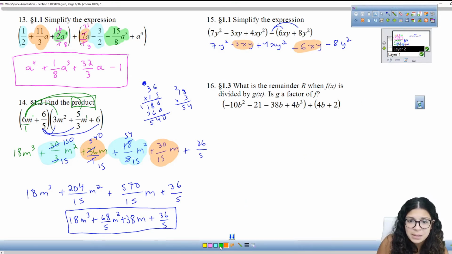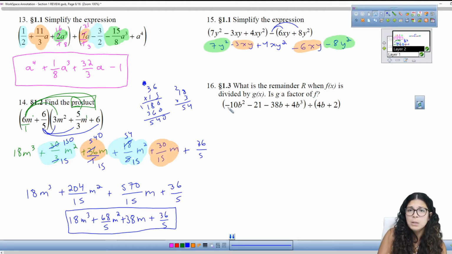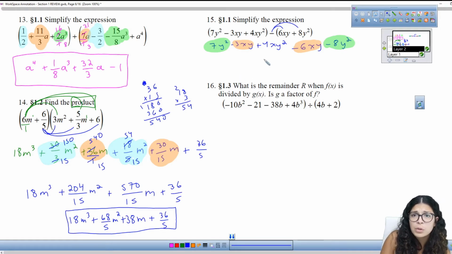Ooh, I almost missed. I can also combine 7y squared with negative 8y squared. Okay. So remember, you want to start with your highest power, and you want to do this in alphabetical order. So you do want to start with 4xy to the power of 2, okay?